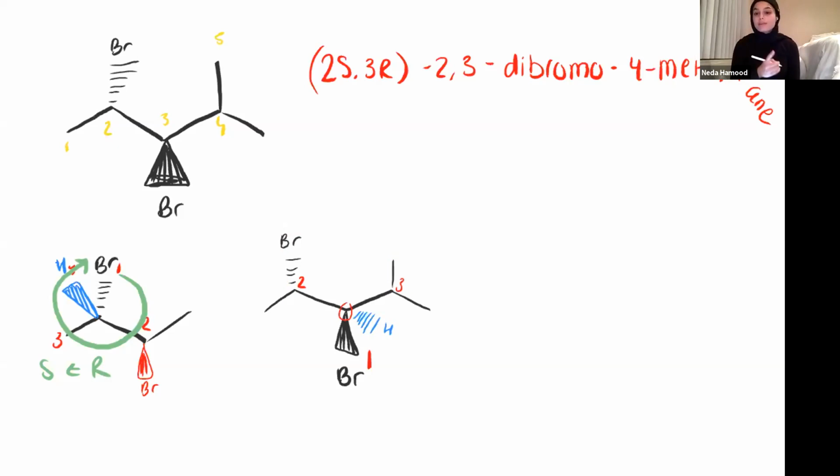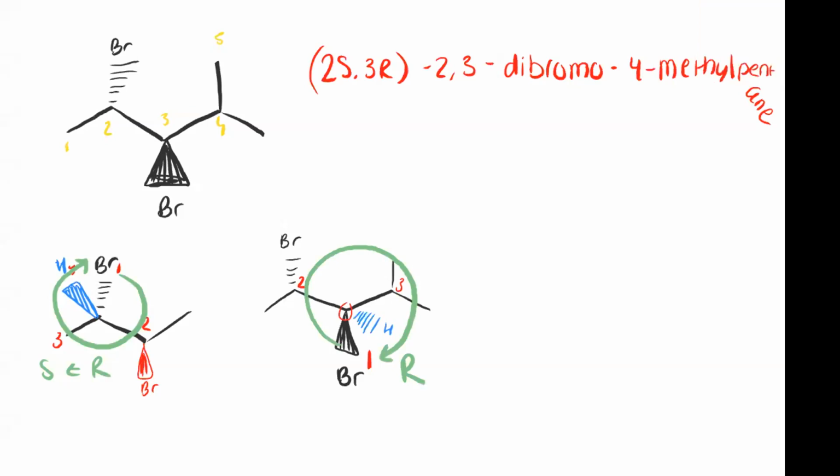But one of them has a better group on it, so it's kind of like we're comparing this group as well. It just has a higher priority group on it. So that one is 2, this one is 3. And then if we were to do that, then over here we get R.